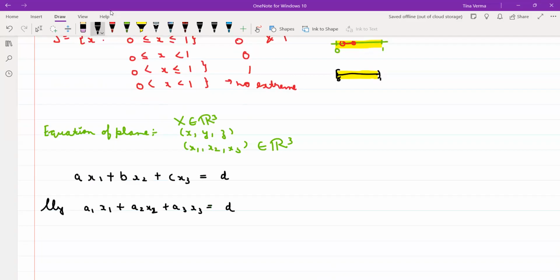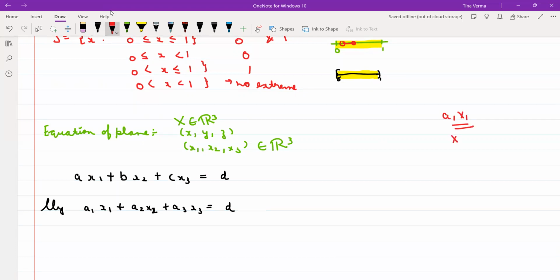It is in 3 dimensions, a1, a2, a3 are scalars, and d is a scalar, so you are remaining in 3D and this is your equation of a plane. Understand the difference between the previous convex linear combination and here. When I was taking the convex linear combination, I was using the capital X. Here I am writing the inner elements of x when I am writing the equation of a plane. Are you getting the point?